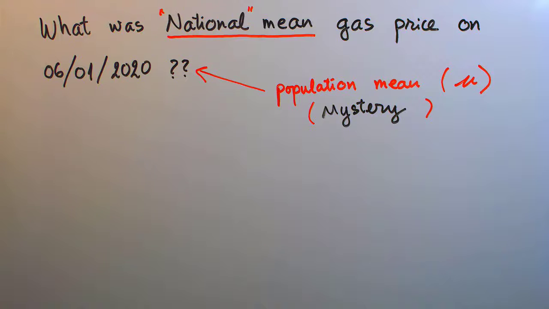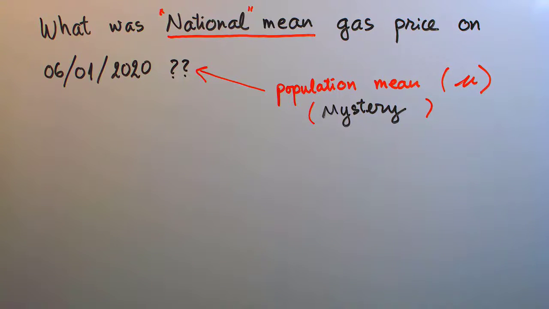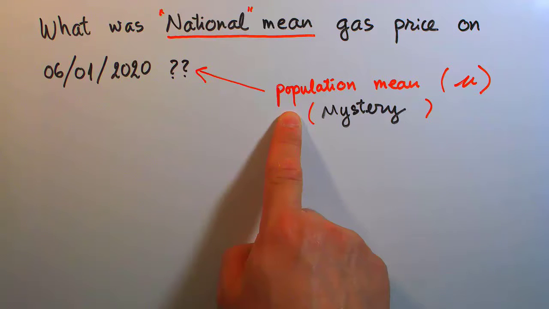No matter how large the data you collected from the population of gas prices is, as long as you have a finite count, the mean value coming out of that permanently remains a sample mean, so it becomes hopeless to reach the population mean.